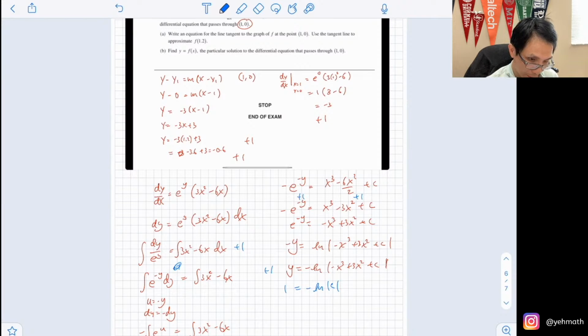Because I plug in 0 for x. Oh, it's 1 for x, sorry. My bad. I'm plugging in 1 for x. So this is 0 is equal to negative natural log of negative 1 plus 3 plus c.